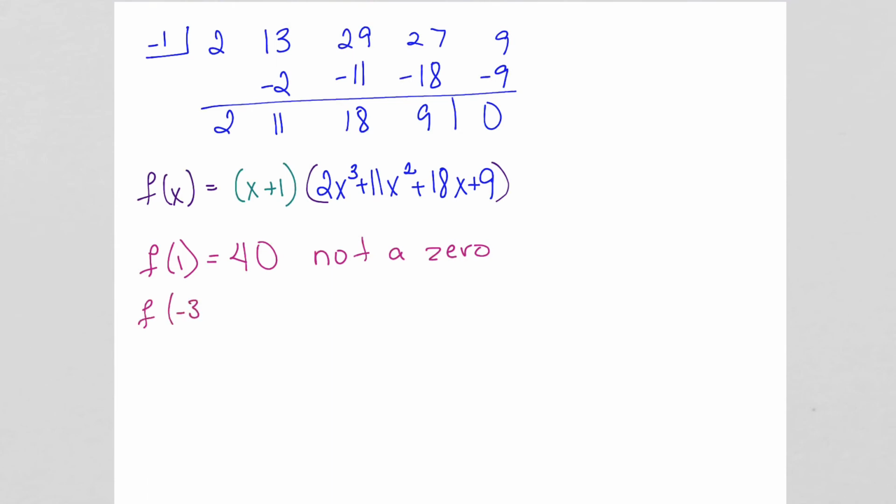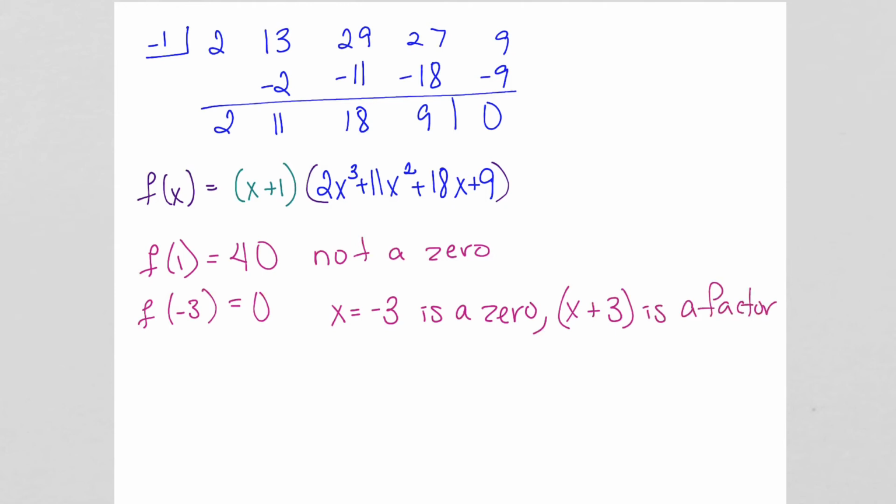Try f of negative 3. We get 0, which is good. We didn't have to go too far. So that means that x equals negative 3 is a 0 of f of x, and x plus 3 is a factor of f of x.